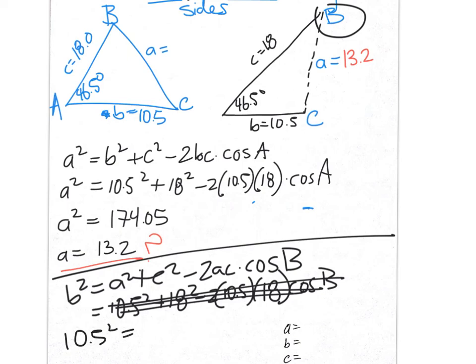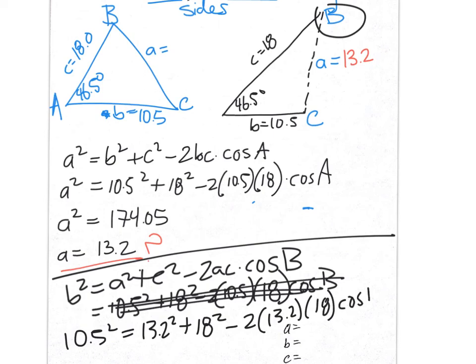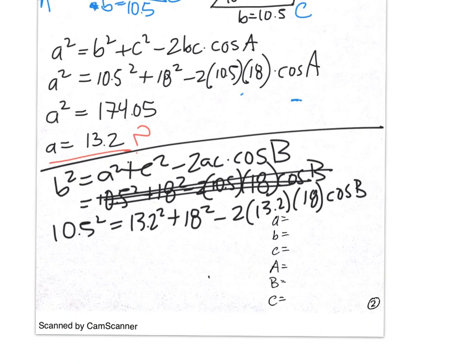Who knows what I was doing? b squared equals a squared, so 13.2 squared plus 18 squared, that's c squared, and minus 2ac cosine of B. Okay, so this is how this would be set up. Again, disregard that.